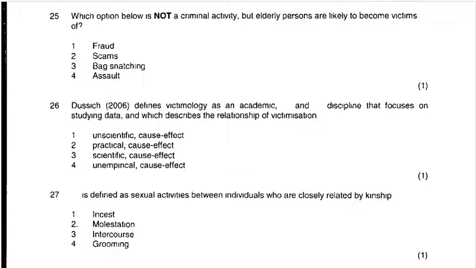Okay, 26, the answer is 3, which is scientific and cause-effect. This is found on page 6 of our study guide. Dasich defines victimology as an academic, scientific, and cause-effect discipline that focuses on studying data and which describes the relationship of victimization.